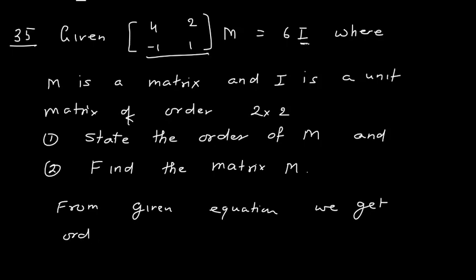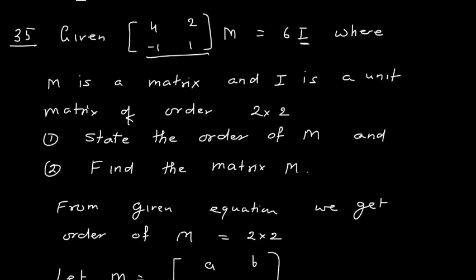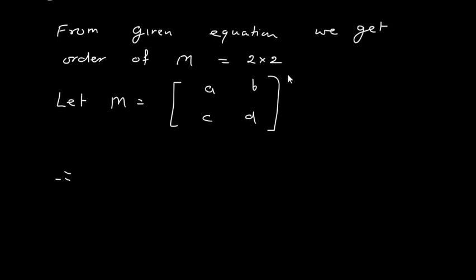So let us assume M is equal to [a, b; c, d]. Therefore [4, 2; -1, 1] into matrix M, that is [a, b; c, d], is equal to 6 into I, that is [1, 0; 0, 1].